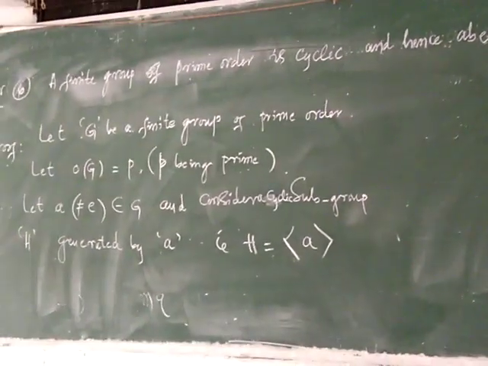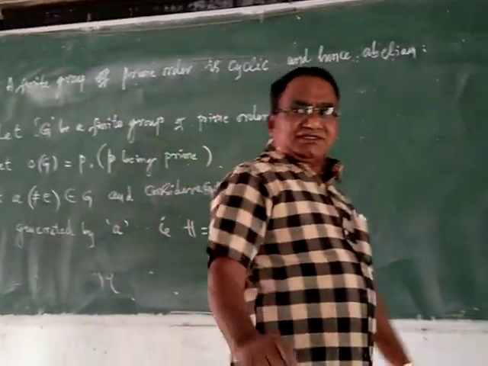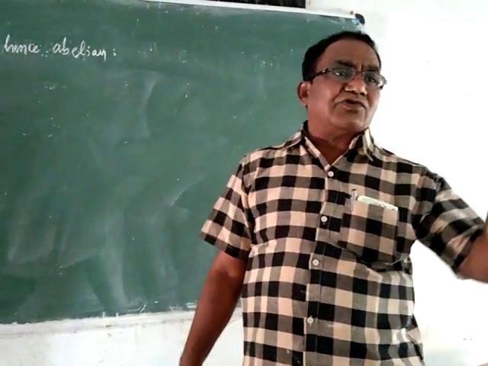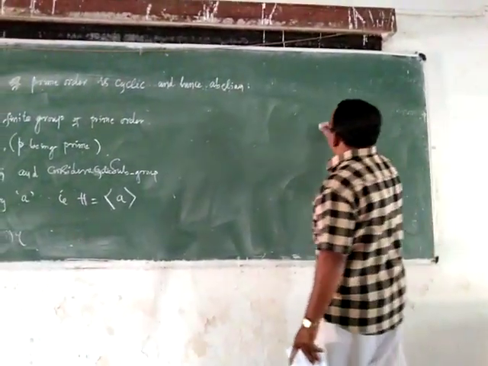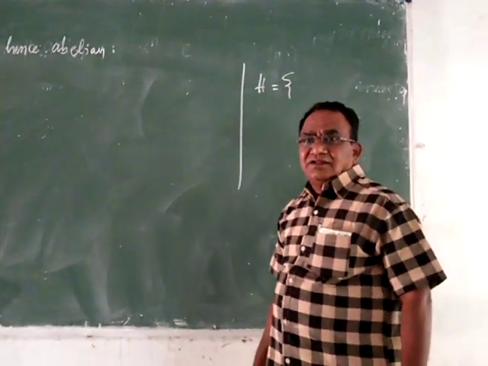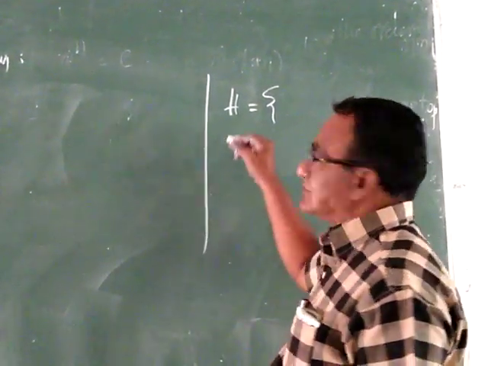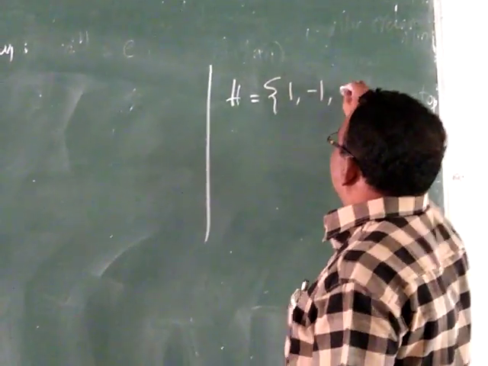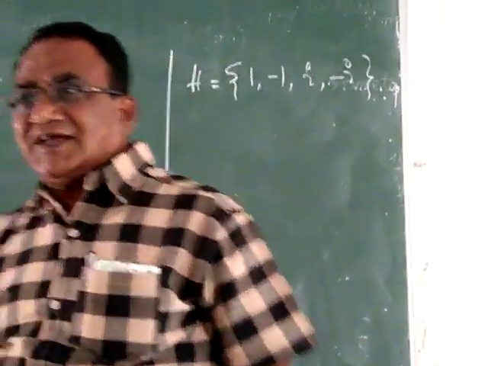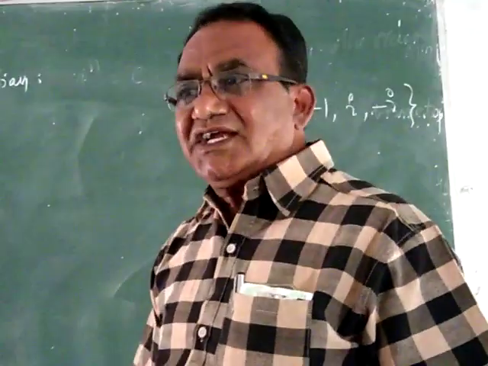You see, I would like to give one example for a cyclic group. Every element should be written as an integral power of a single element. For example, take H as the set of all fourth roots of unity: 1, minus 1, i, minus i. I would like to say this H is a cyclic subgroup generated by i.